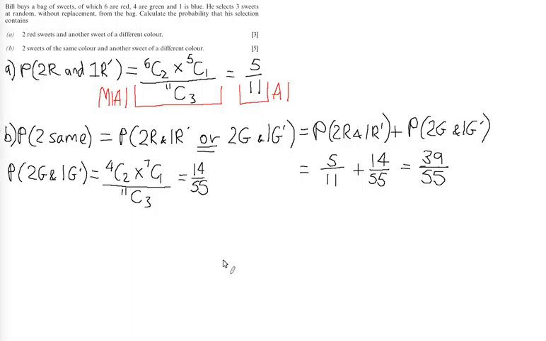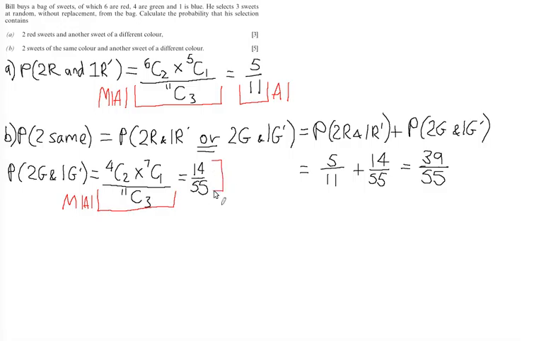Okay, let's see how we awarded marks in this question. Well, first of all, we're going to get a method mark and accuracy mark if we have got the correct calculation for calculating the probability of 2 greens and 1 non-green.